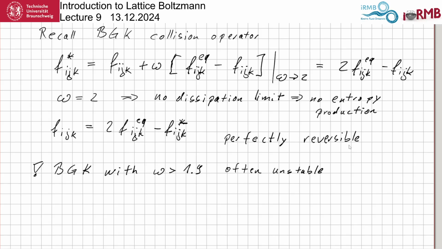And the solution to this, that people have, the solution to getting lattice Boltzmann more efficient is to get omega closer to 2 without losing stability.